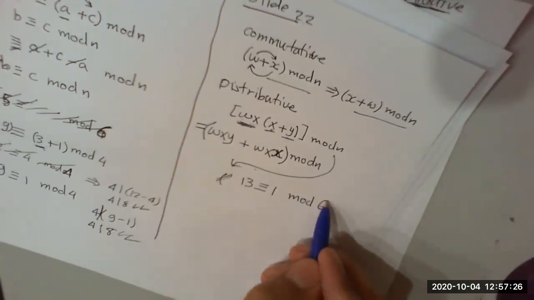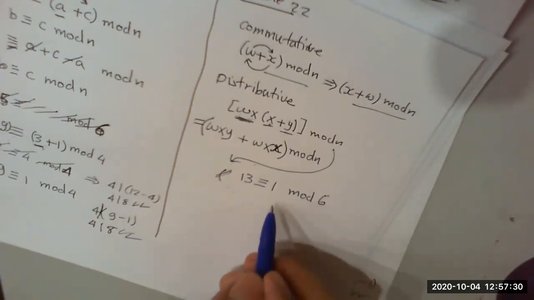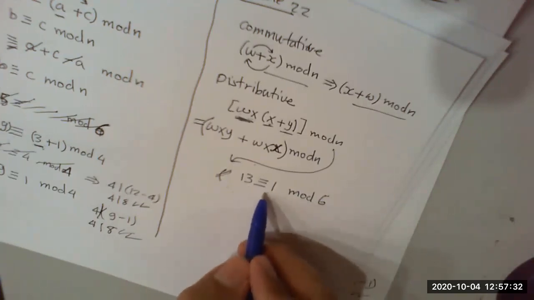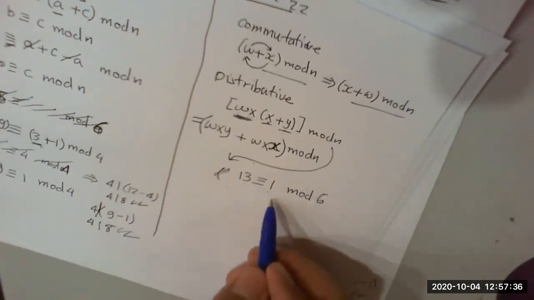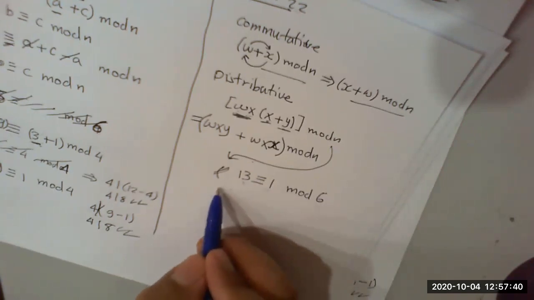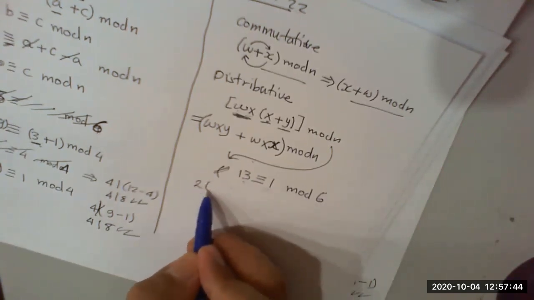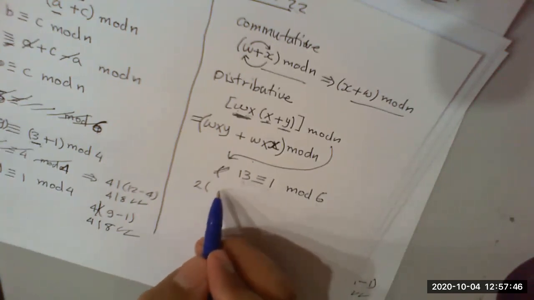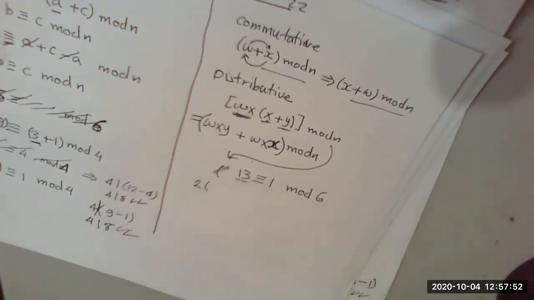I know this because if I multiply 2 by 6, it's going to give me 12, and 6 divides 12. Okay, I can do it like that. I can say 2 multiplied by... no, this is not even, so it's not going to work.